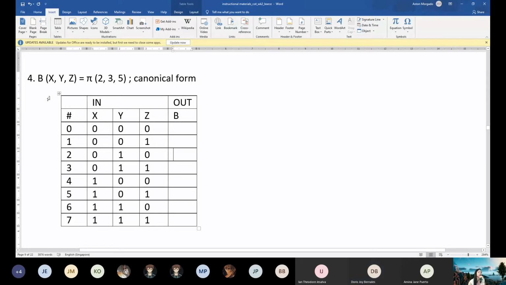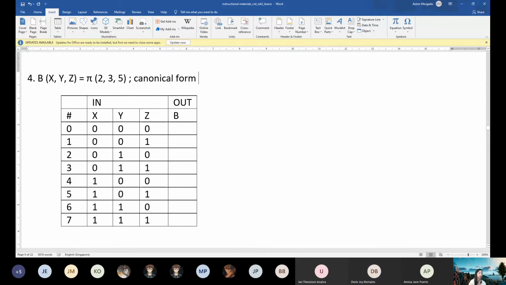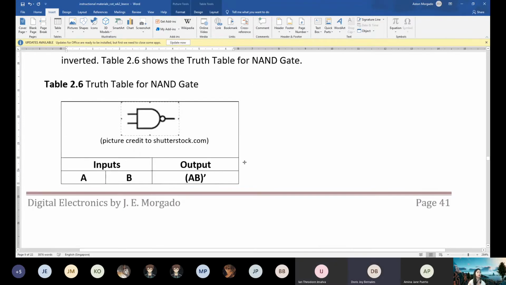You remember? So we have pi of 2, 3, 5. What does it mean? So number 4 is a canonical form. Minterms or maxterms? Maxterms. Okay. So the given is maxterms. So maxterms correspond to an output of 0.